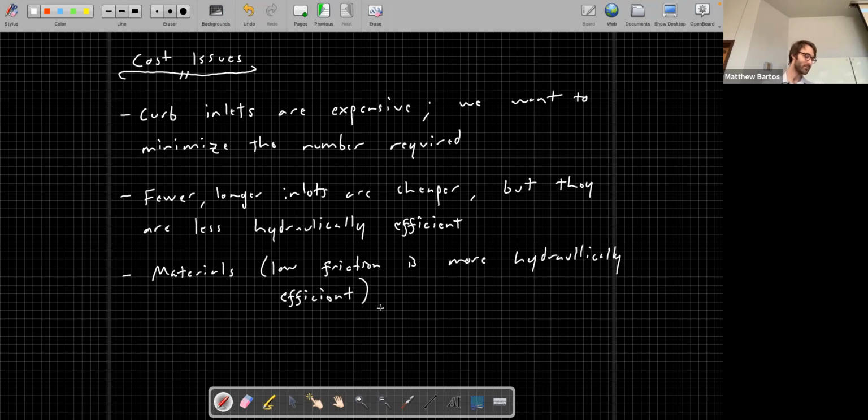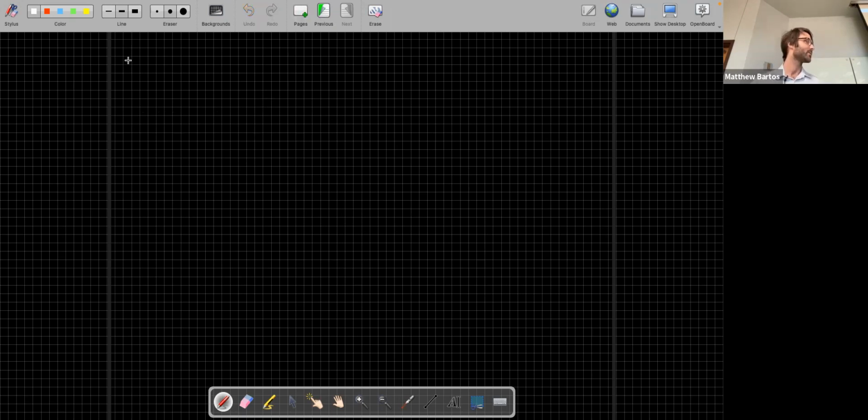Okay. Great. Let's talk a bit about what our requirements are for constructing curbs, gutters, and curb inlets. Let's focus first today on just the gutters themselves. So let's think about requirements for gutter design.